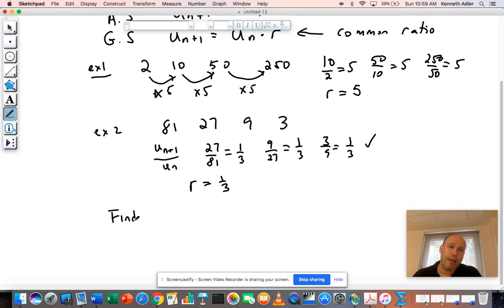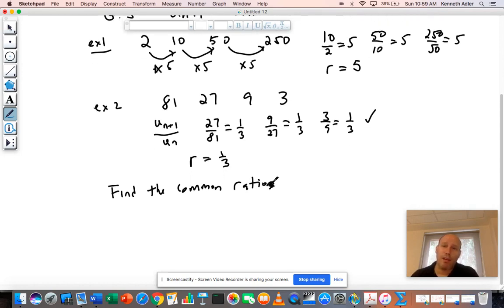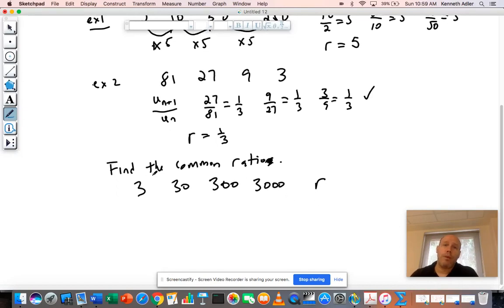So here are some examples, and I'd like you to figure it out on your own. Find the common ratio, and get this in your notebook. Sorry, I wrote an extra n there, and there's no erase mark. Try this: 3, 30, 300, 3,000. Find the r. Here's another example.